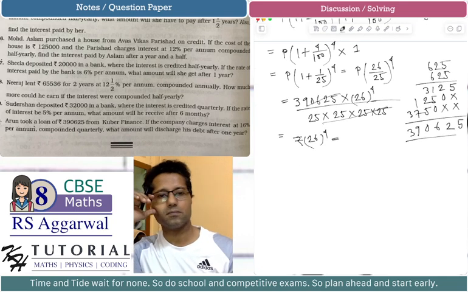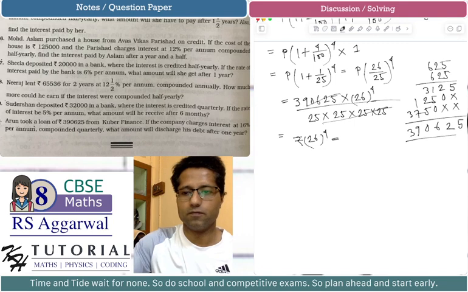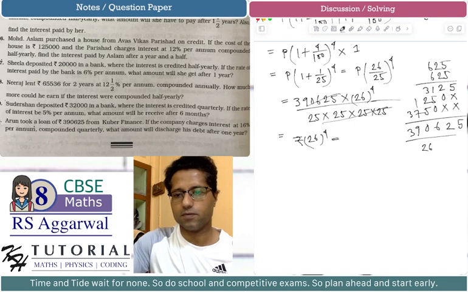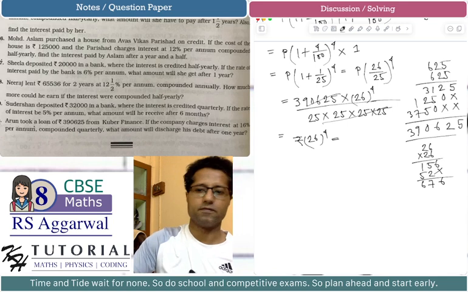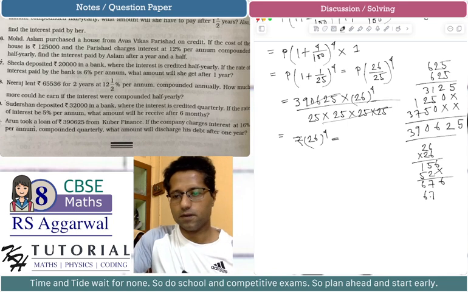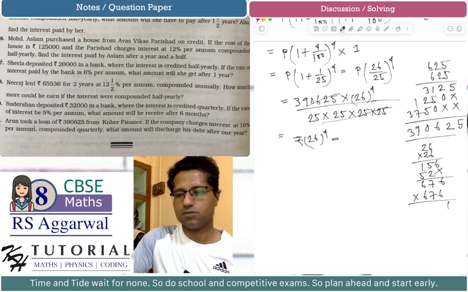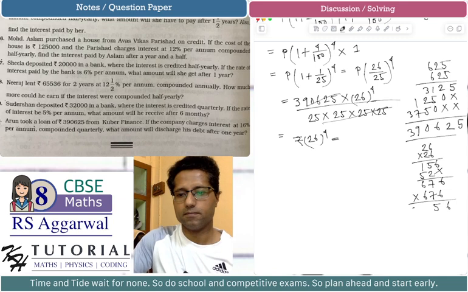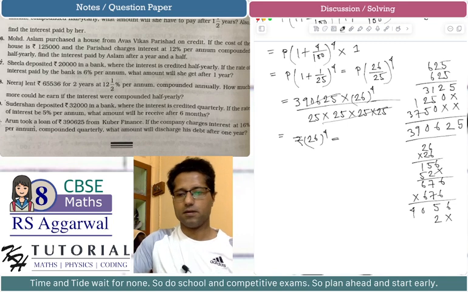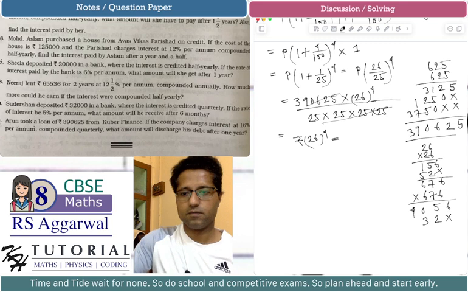what is 26 to the power 4. So what is 26 square? 676. 676 multiplied by 676.